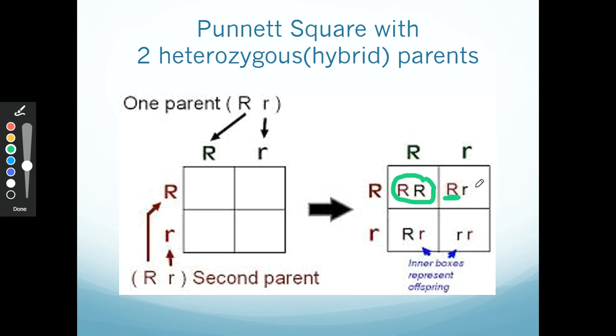There's the dominant form again, tongue roller. Same thing here. This would be the only non-tongue roller. So we would have a 75% chance of a tongue roller and a 25% chance, this one box, of an offspring without the ability to roll their tongue.